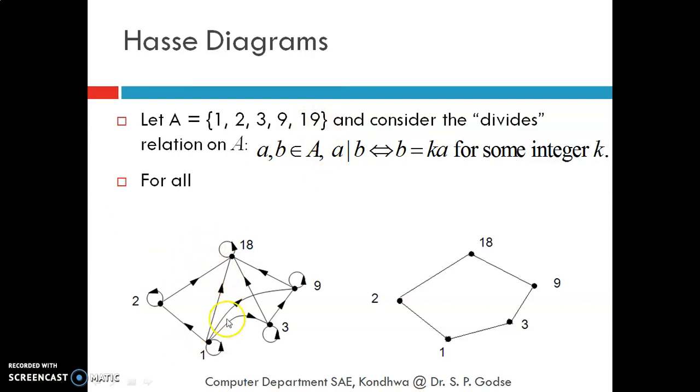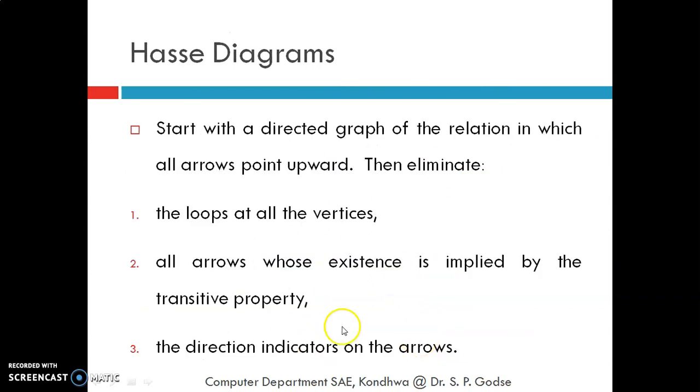This diagram of the partial order relation divides is converted into a simple diagram using the Hasse diagram, by applying the steps given here. First the self loops are removed.